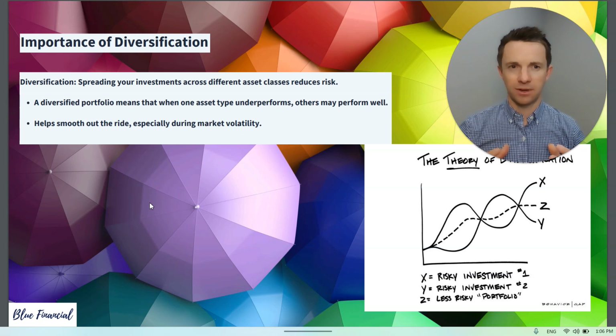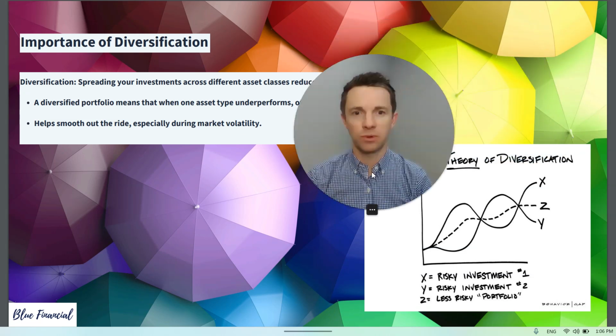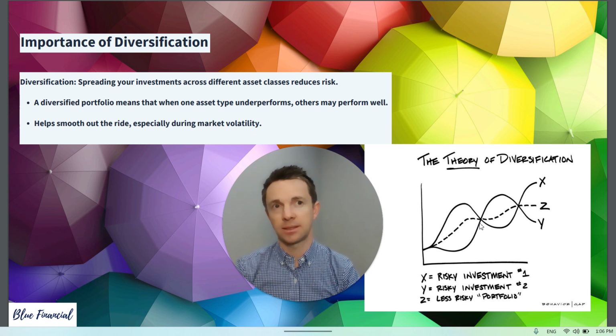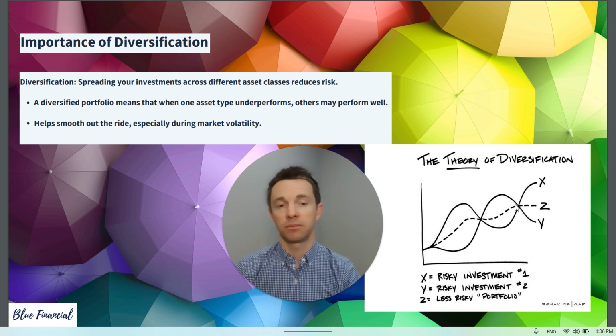Now, the importance of diversifying a good portfolio. Just quickly looking at this graph down here, you've got two investments, X and Y. One does well and the other one performs badly at the same time. And then the one that does badly does better next time around, and the one that performed well doesn't perform as well the next year, for example.